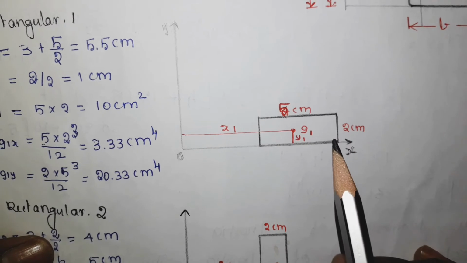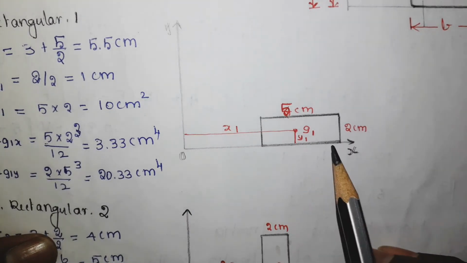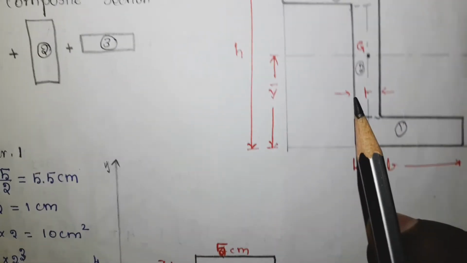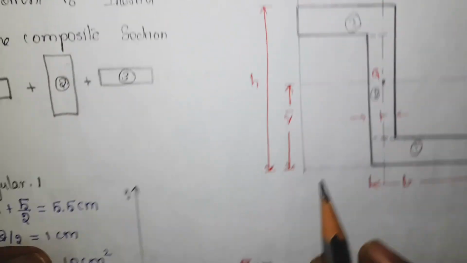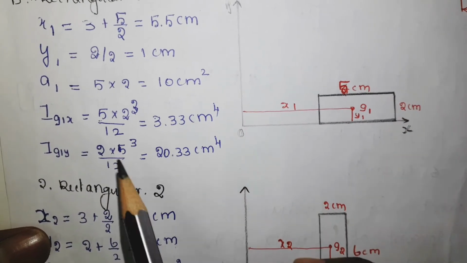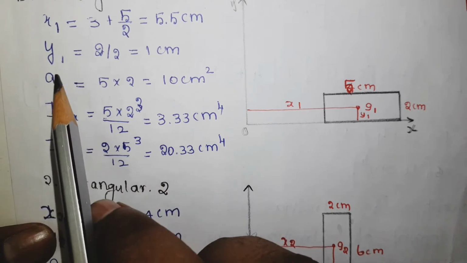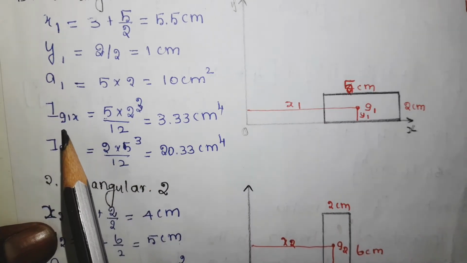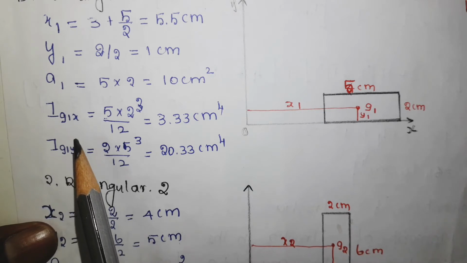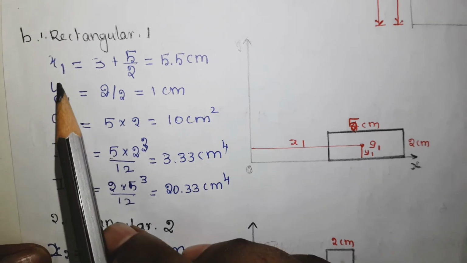Here it is 2 centimeter, and make sure that these axes are positioned correctly. Okay, and with the help of this composite section, you have to find the values for 5 variables. The first 3 variables are common to the centroid, and the second 2 variables are specific to the area moment of inertia.